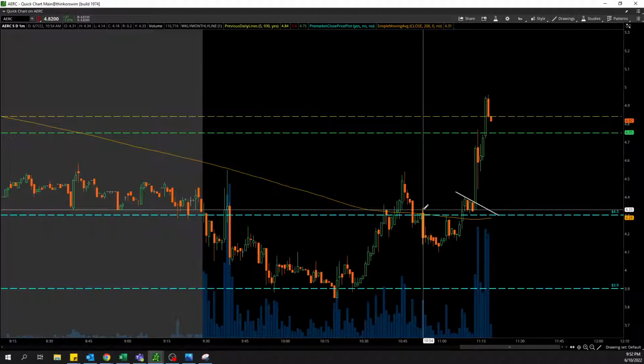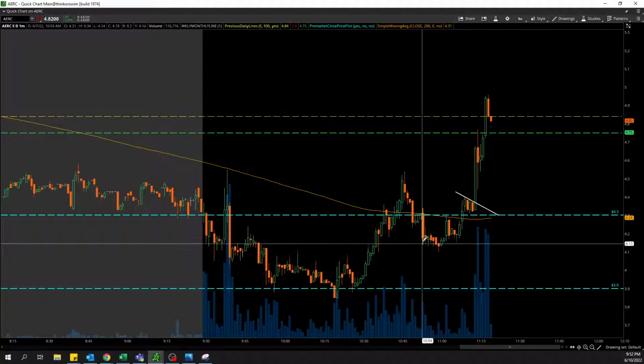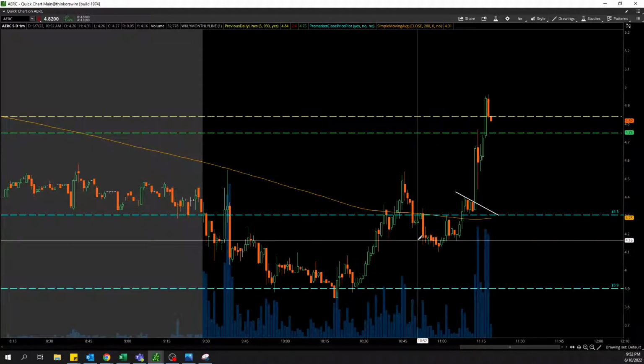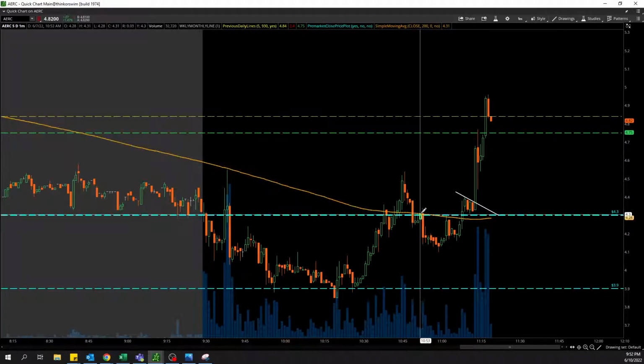Right there in that candle, 10:54 a.m. Eastern Standard Time is where people's greed jumped in. Massive volume. Lot of range. It's pretty solid. Pullback was weak.